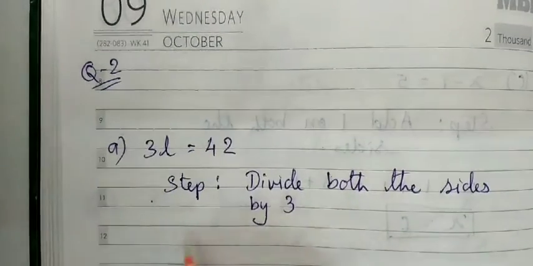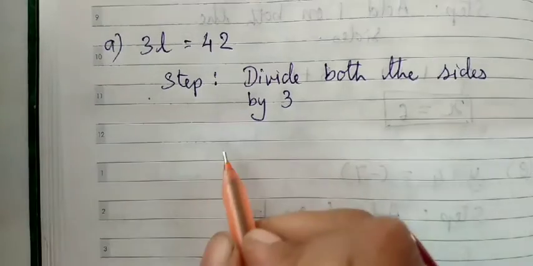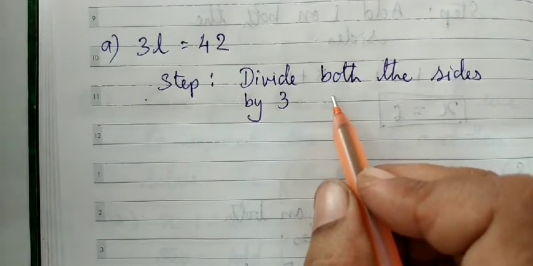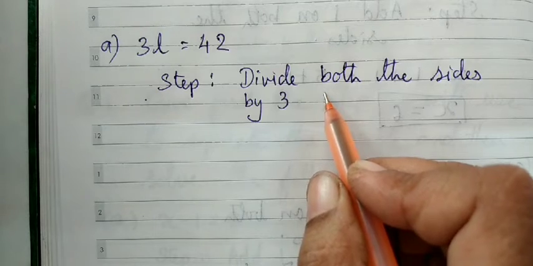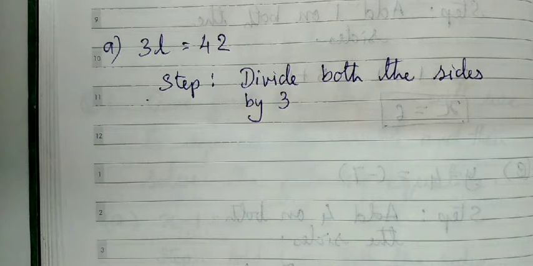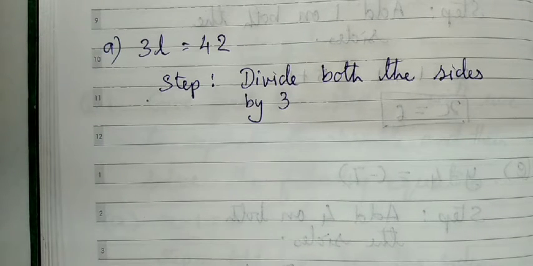Now practically we will do it. We will divide it, or in other words you can write multiplying 1 by 3 to both the sides of the equation. Two ways you can write.